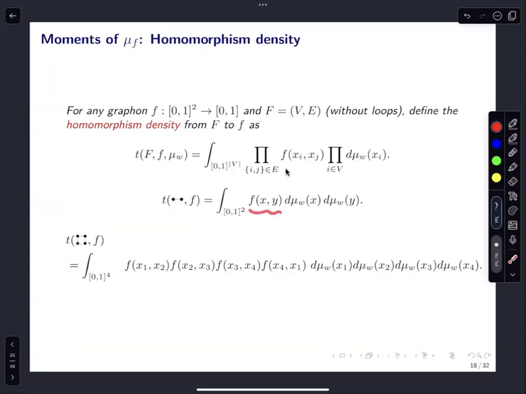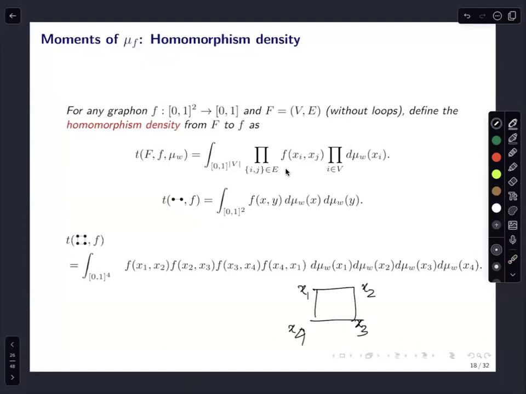If I have a graph like a square with four vertices, I look at f(x1,x2), f(x2,x3), f(x3,x4), and f(x4,x1).